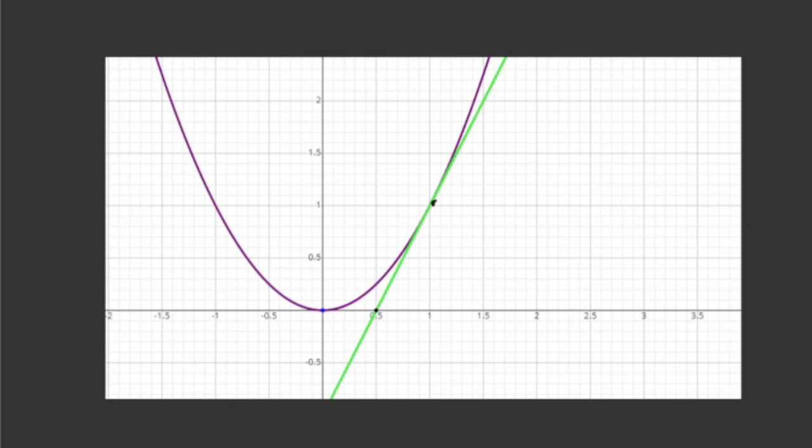So this is called the tangent line. So we are interested in finding the slope of the tangent line, given a graph and the slope of the secant line. So that's where we are going.